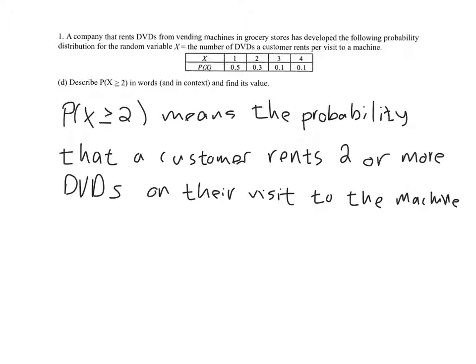And then to find the value, if we want greater than or equal to 2, we just need to add up the decimals for 2 or higher, which in this case would be 0.5 when you total them up.